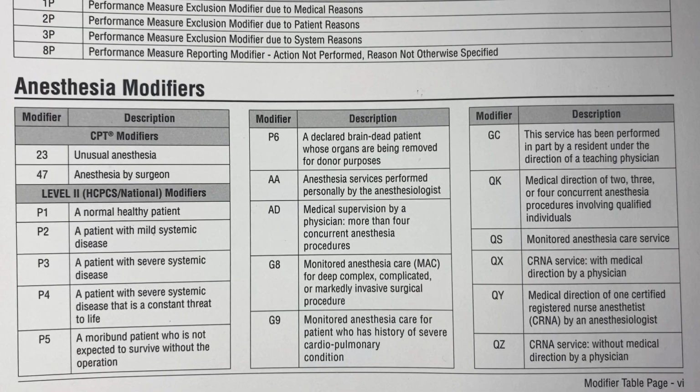Now anesthesia time units is 15 minutes equals 1 unit. So 1 unit is 15-minute intervals. So 90 minutes divided by 15 would give us 6 units. So when billing this anesthesia code, we will bill out the anesthesia code, the 3 modifiers, and the 6 units for the total time that was spent caring for the patient.